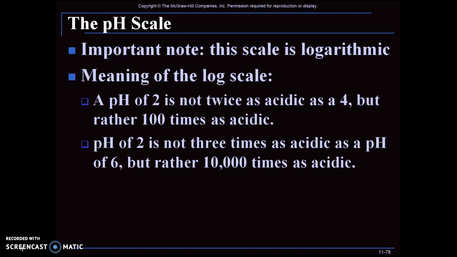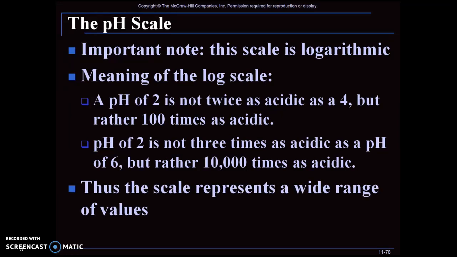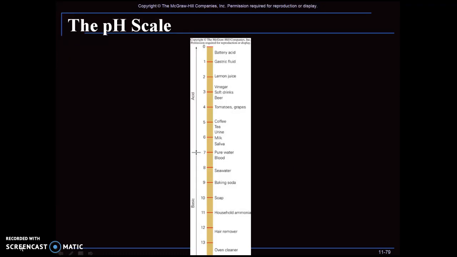And a pH of 2 is not 3 times as acidic as a pH of 6, but rather 10,000 times as acidic. Thus, the scale represents a wide range of values.